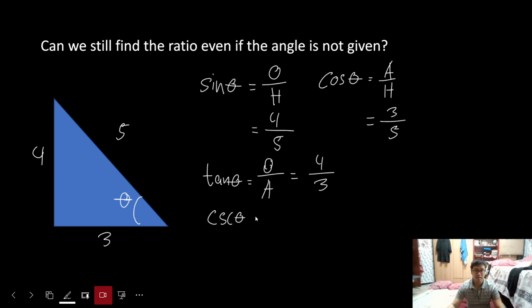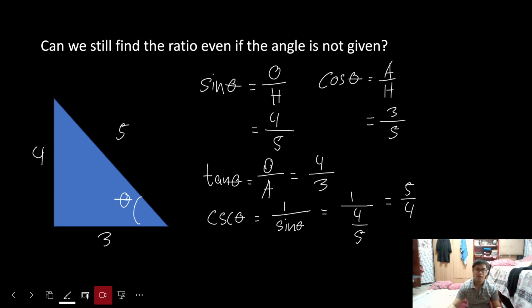Now let's try another one, cosecant theta. Your cosecant theta is basically the reciprocal of sine theta, which is 1 all over sine theta. So this is 1 all over your sine theta, which is 4 all over 5. If I simplify this fraction, I will have 5 all over 4.